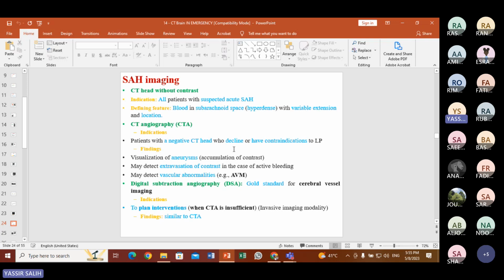Even if the CT was positive, if the patient is deteriorating or declining, this is also an indication for CT with contrast, CT angiography.